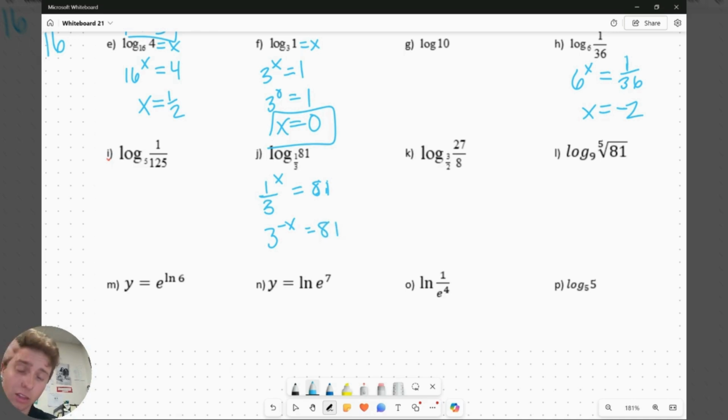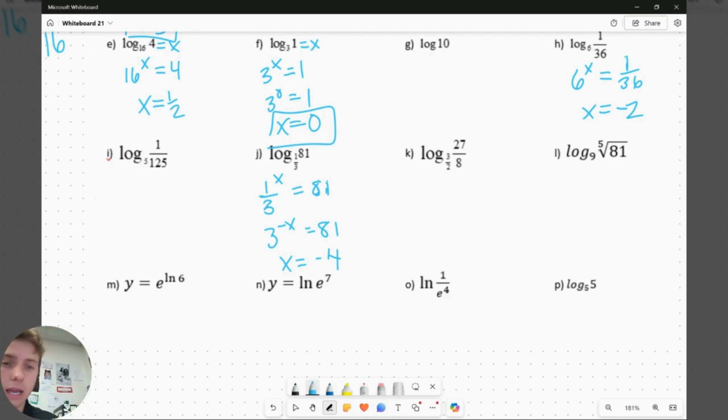And now you can just think 3 to what power is 81 and make it negative. That's one strategy. There's a bunch of different strategies that might work. Well, 3 times 3 is 9, times another 3 is 27, times another 3 is 81. So 3 to the 4th is 81, but I needed 1/3 to some power be 81. That means x would have to be -4 in this case.